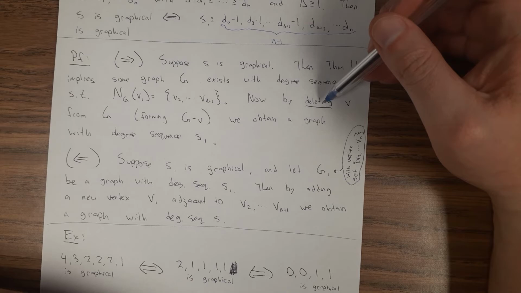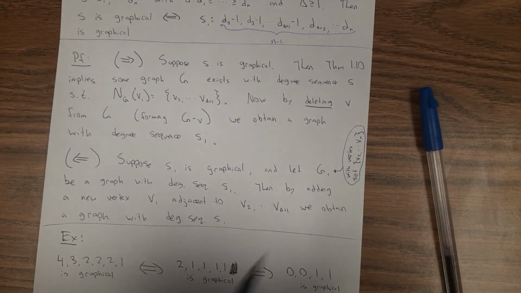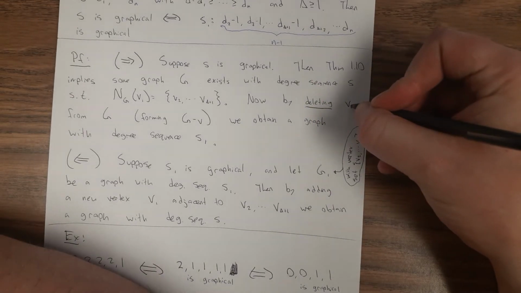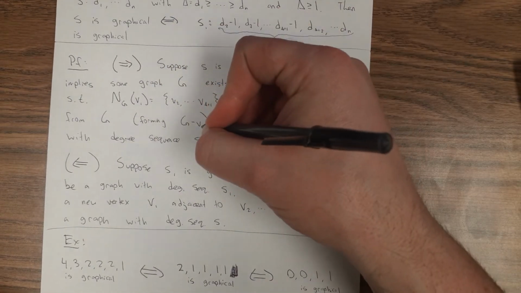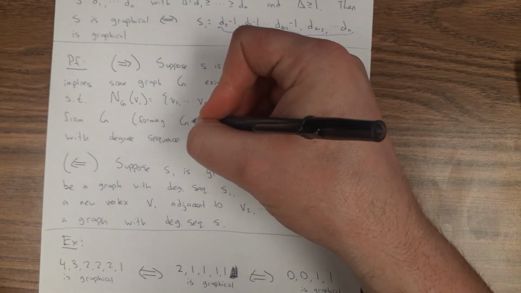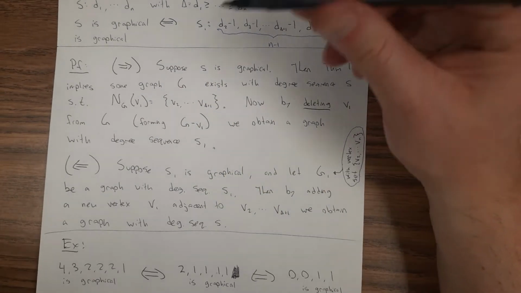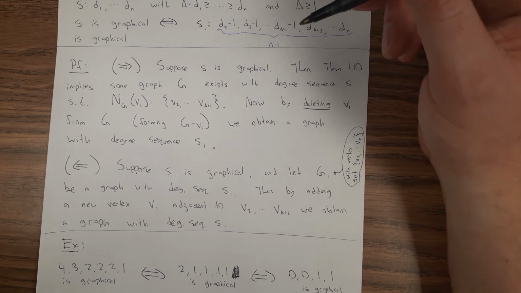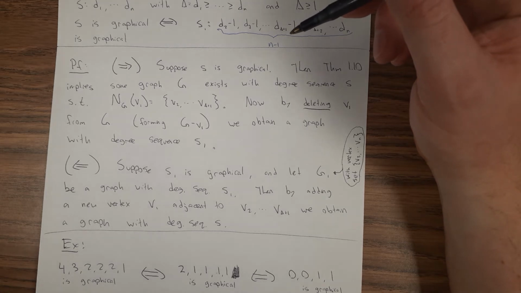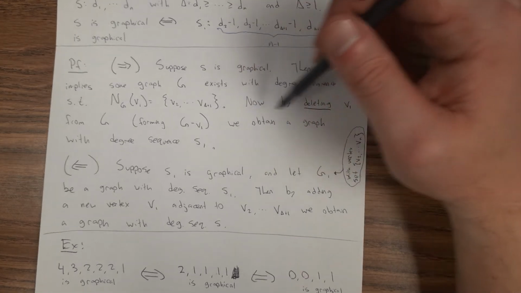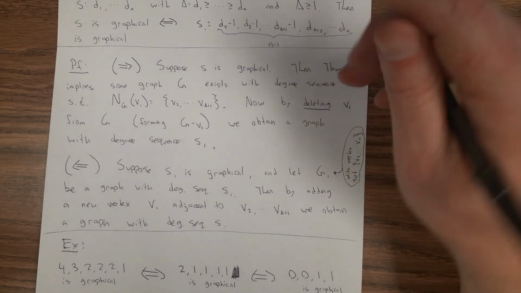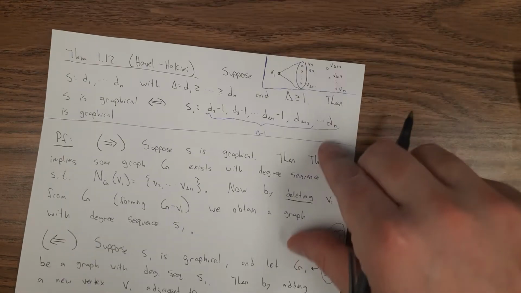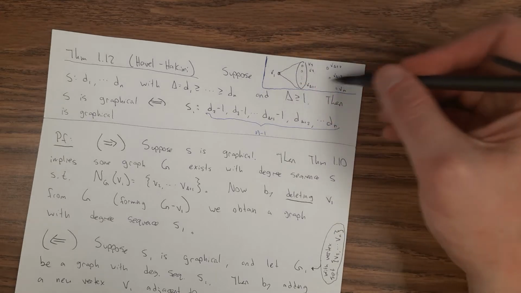Now, by deleting V1 from G, and by the way, we call that G minus V1 in graph theory. If we're removing a vertex, we call the new graph G minus V1. We obtain a graph with degree sequence S1. And this part of the proof basically is what I was saying up in this picture.